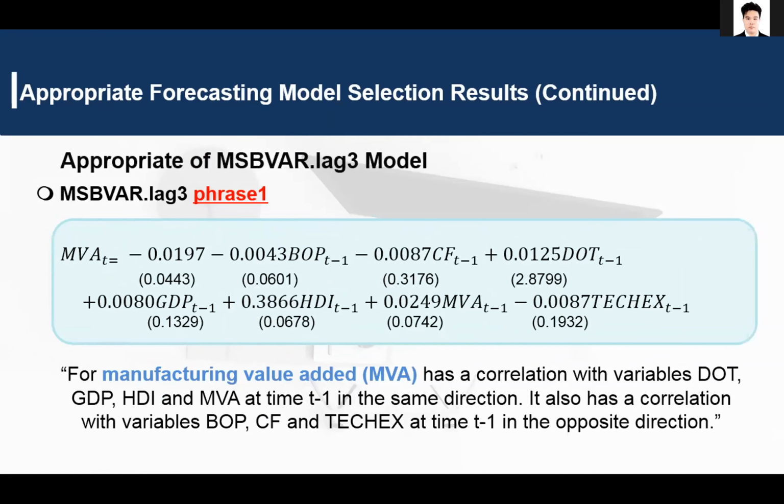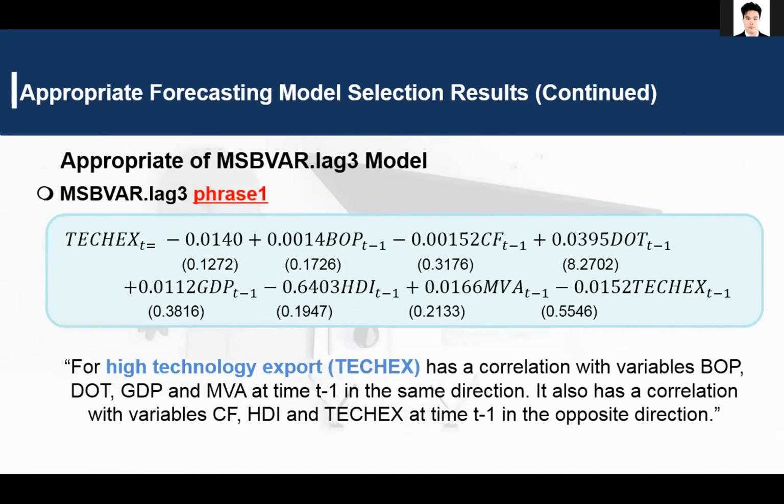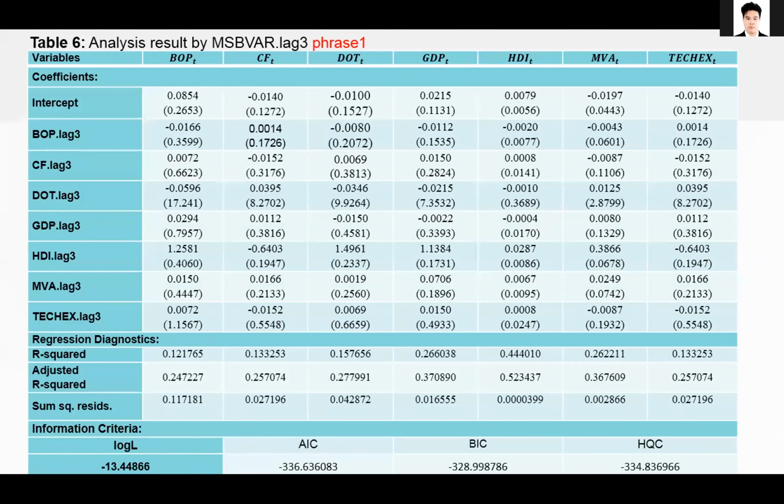Manufacturing value add has a positive effect on GDP, human development index, and itself. High technology export has a positive effect on degree of trade openness, GDP, and manufacturing value add.